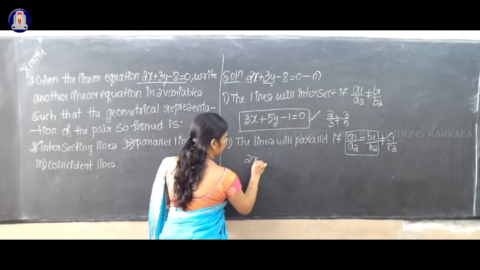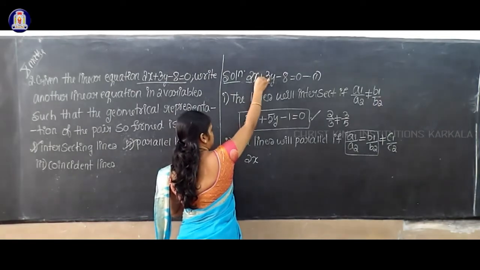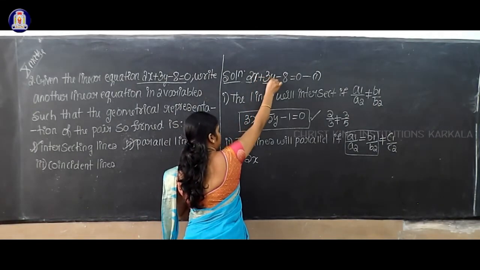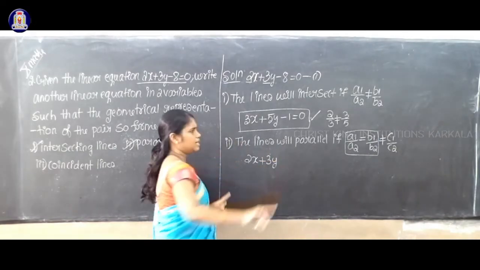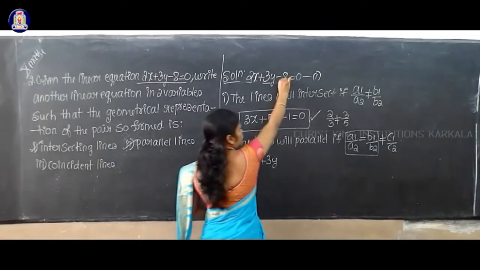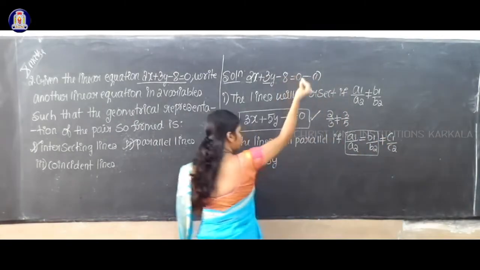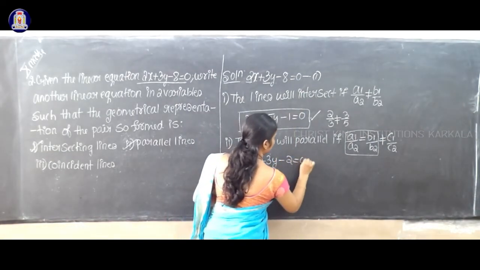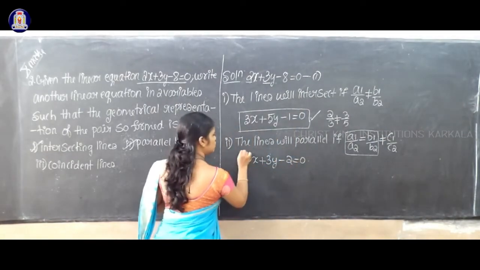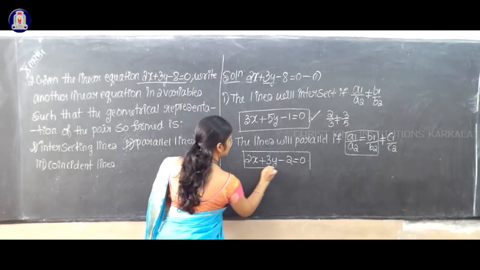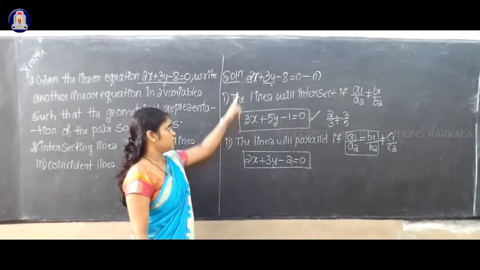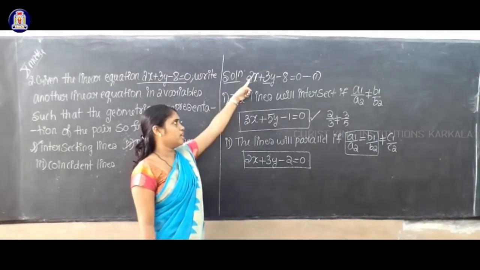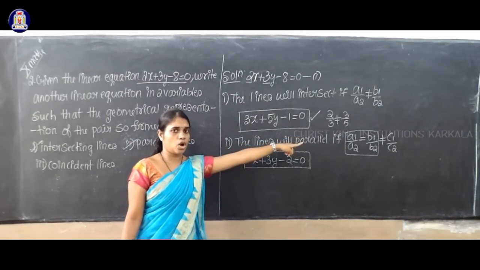Next, b1 is 3y, so again I will write the same. Then check whether it satisfies that condition or not.